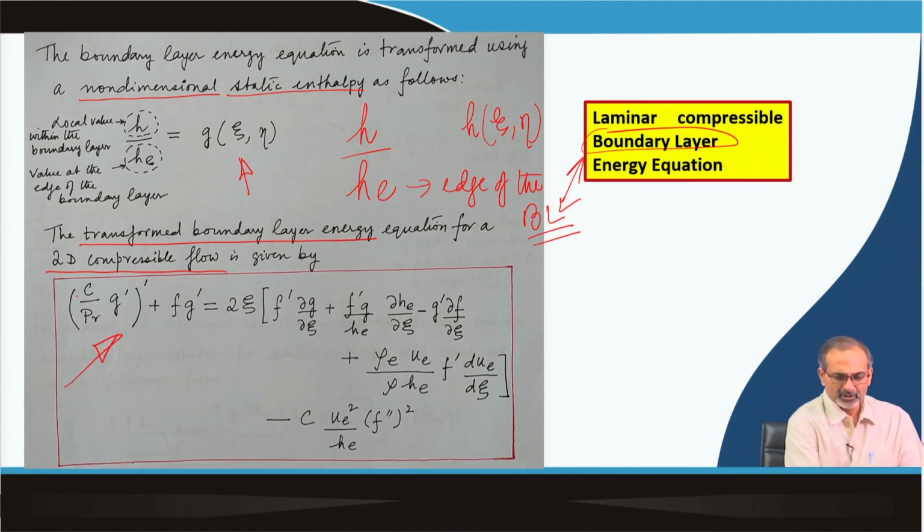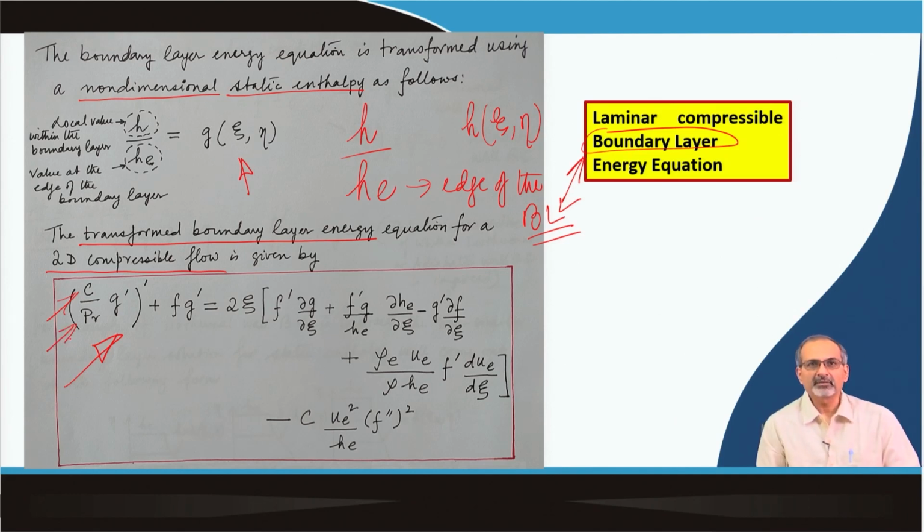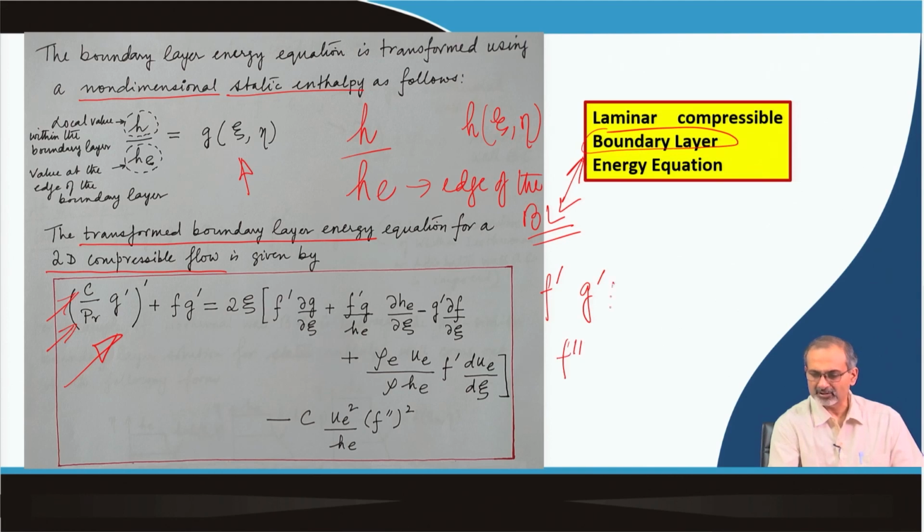You already saw this term C, and now additionally you see the Prandtl number, and like we saw before, we have derivatives like f dash, now additionally g dash, f double dash, all these are purely functions of eta.